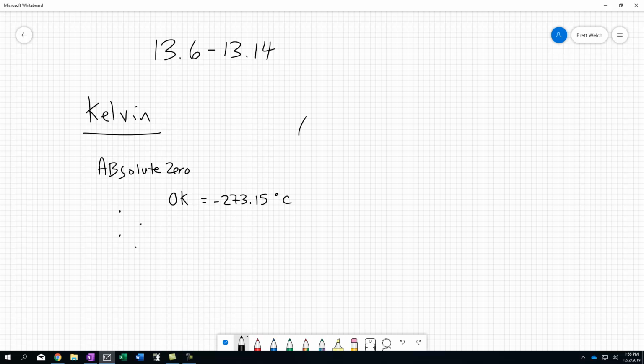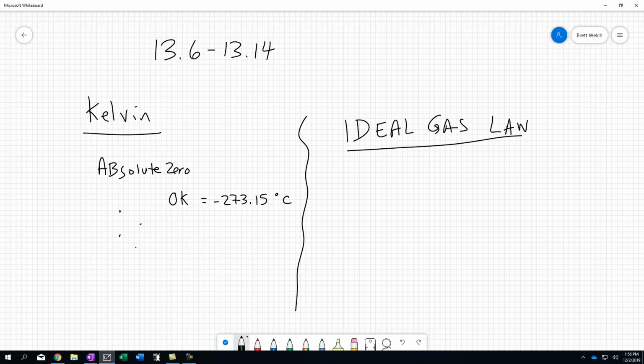The second thing that we start to talk about is what we call the ideal gas law. We need to understand that this is the gas operating under ideal situations. The reality is we're incapable in almost every case of creating these ideal scenarios. But this does give us an expectation, without any energy loss, of what should happen.